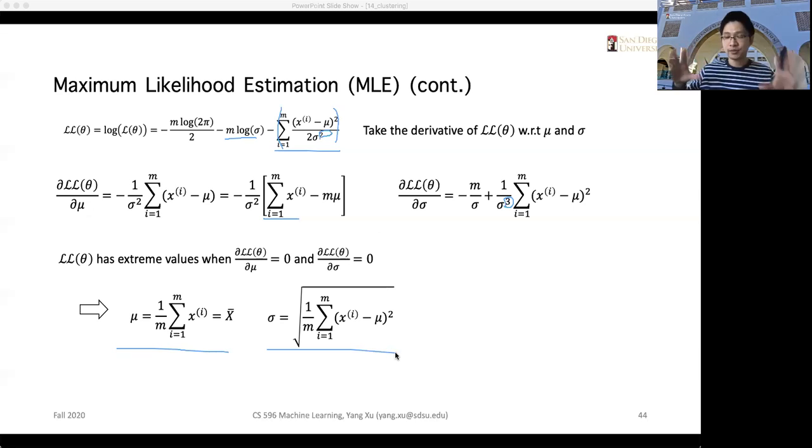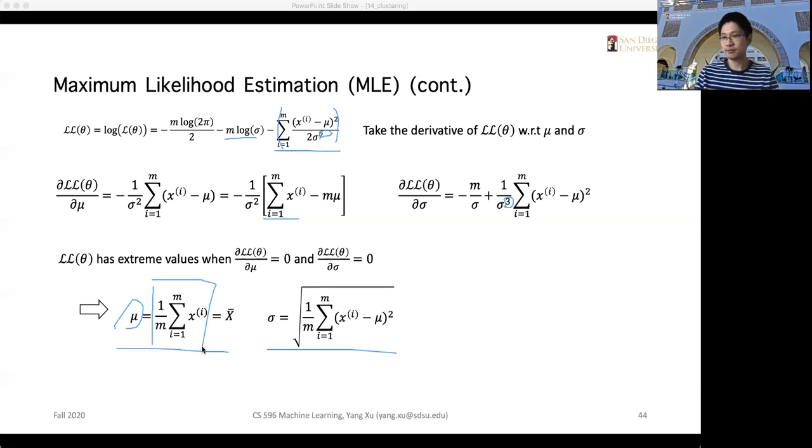So at this moment, we may find that, wow, this is a very intuitive solution. A good estimate for the mean mu is simply the arithmetic average value. We just take the summation of all data points and divide it by m, which is the total number of data points.